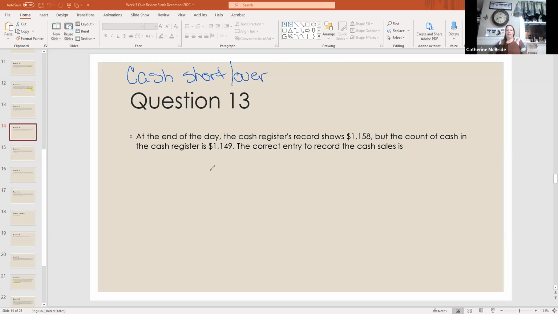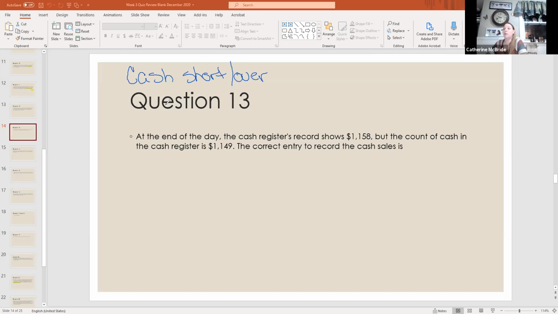So that means that if I'm short cash, I'm gonna debit it. And if I'm over, like if I count my sales and what's left in my cash register drawer, and I'm over, then I'll go ahead and credit it.